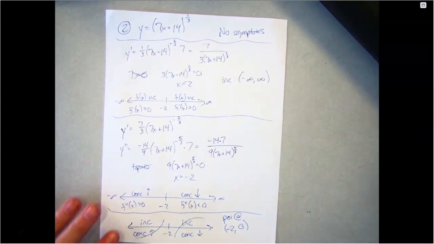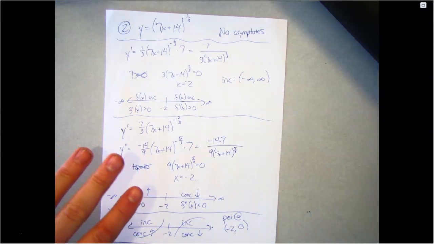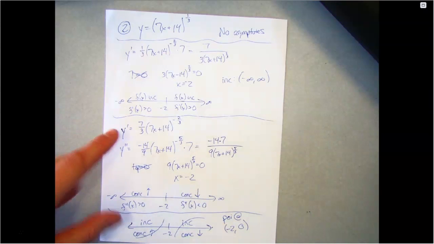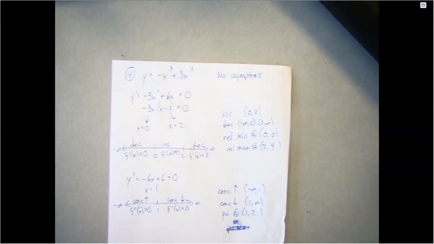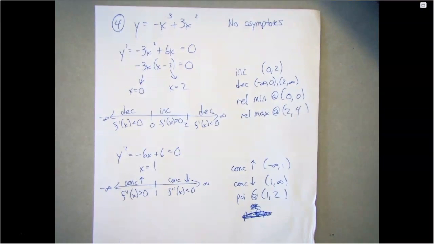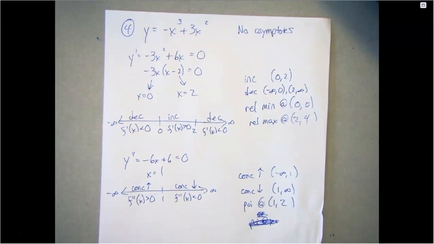Can I remove the answer key? Can I move on from number 2? Nobody's done number 7 yet? Not even 7 on there. I don't know why I said that.